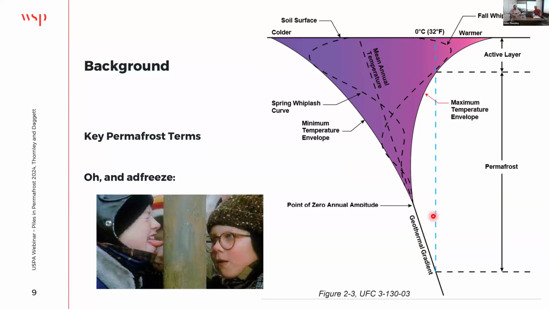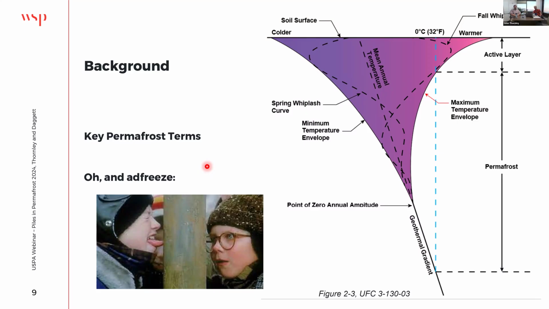And so with that, the other piece that we also want to touch on is this term adfreeze. And the way that I like to describe it is the licking-the-flagpole issue, as you fix your tongue to that flagpole, that bond between the flagpole and now your tongue is an example of adfreeze.